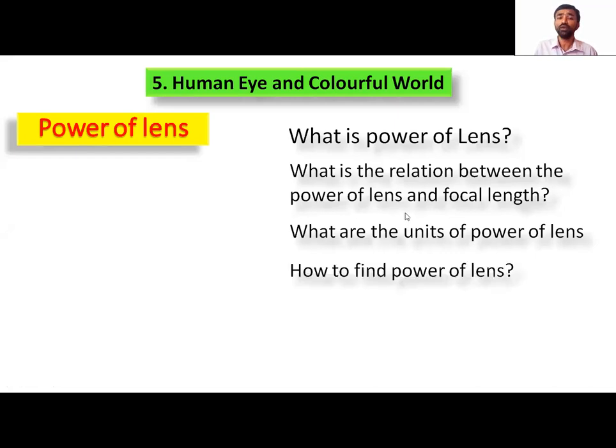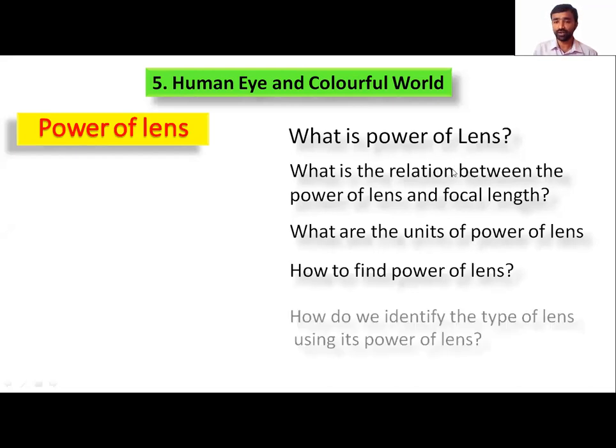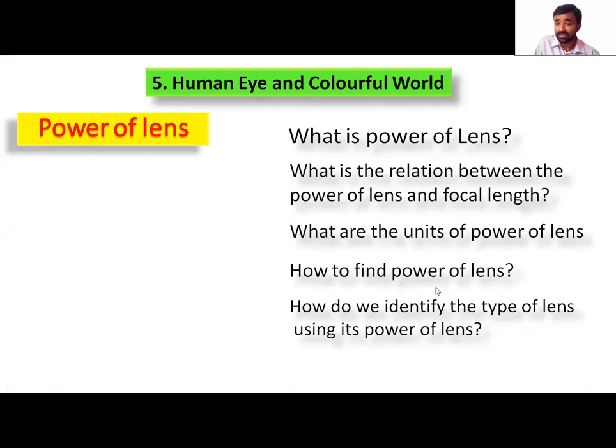Finally, how to find the power of lens: we can use a formula to find it out. And by knowing the power of lens, you are able to identify the type of lens also. These are the 5 different concepts we are learning in the power of lens.